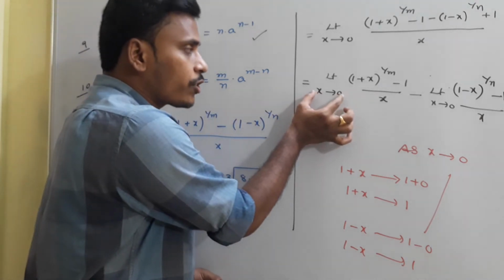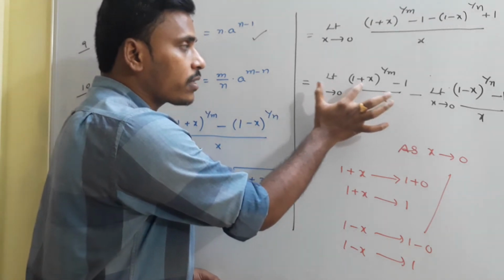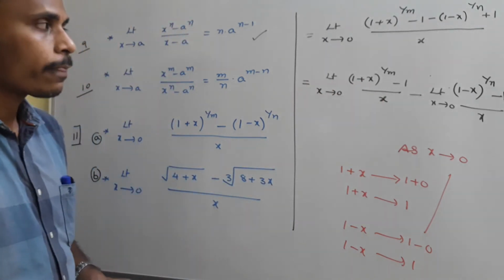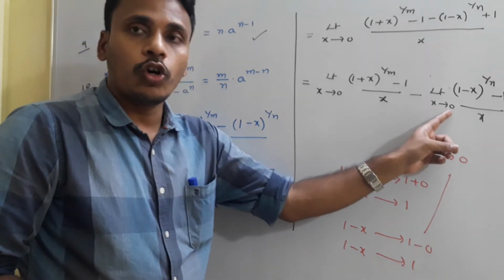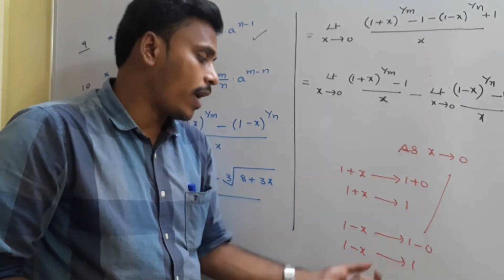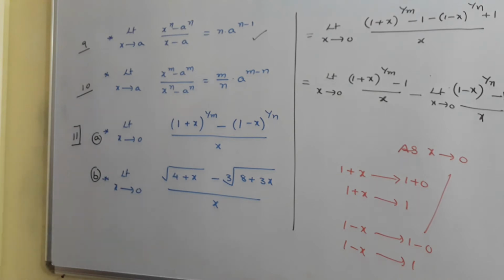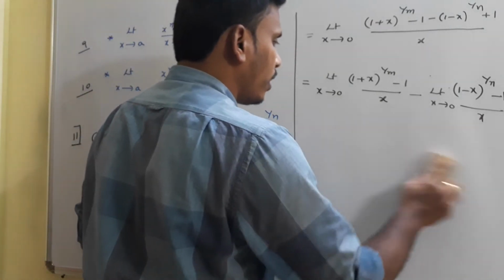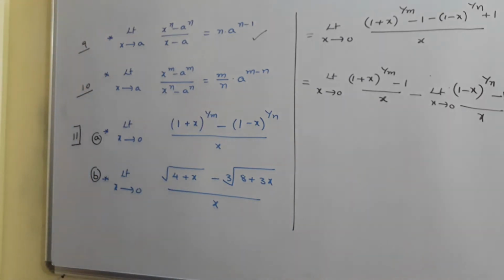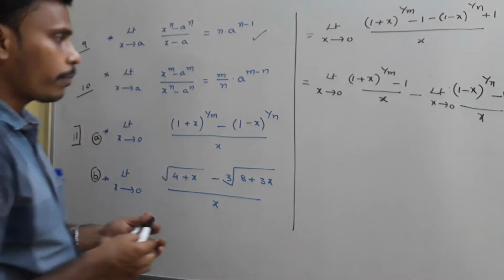So this x tends to 0 is nothing but 1 plus x tends to 1, and you can rewrite x tends to 0 as 1 minus x tends to 1. So what I do is, I will consider that 1 plus x as some p.